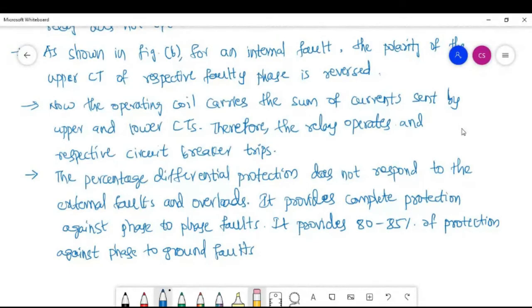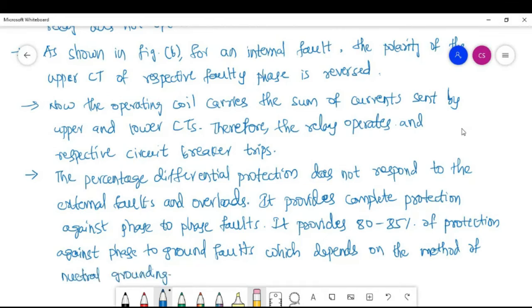because it depends on the method of neutral grounding. So we are discussing a generator. Usually the stator has a star point connection, so we are going to connect it to ground.